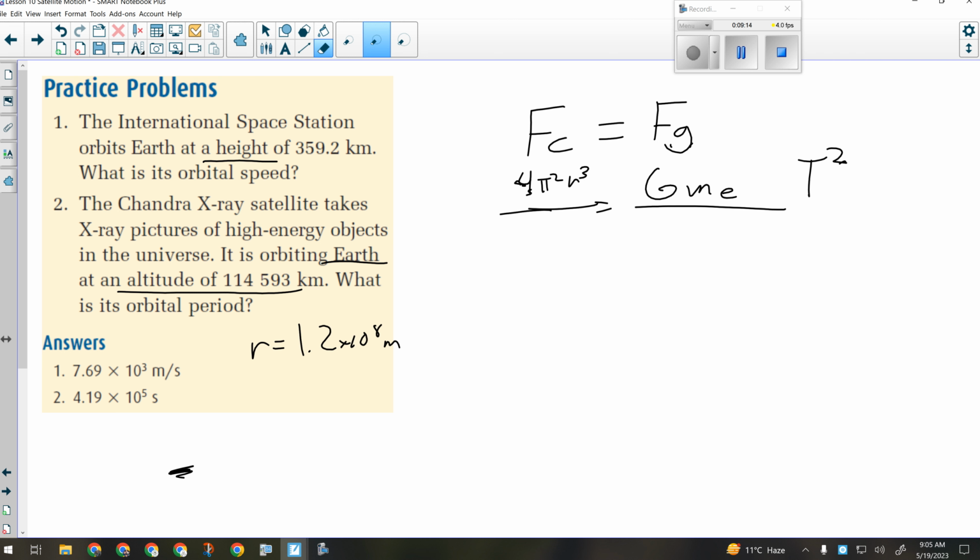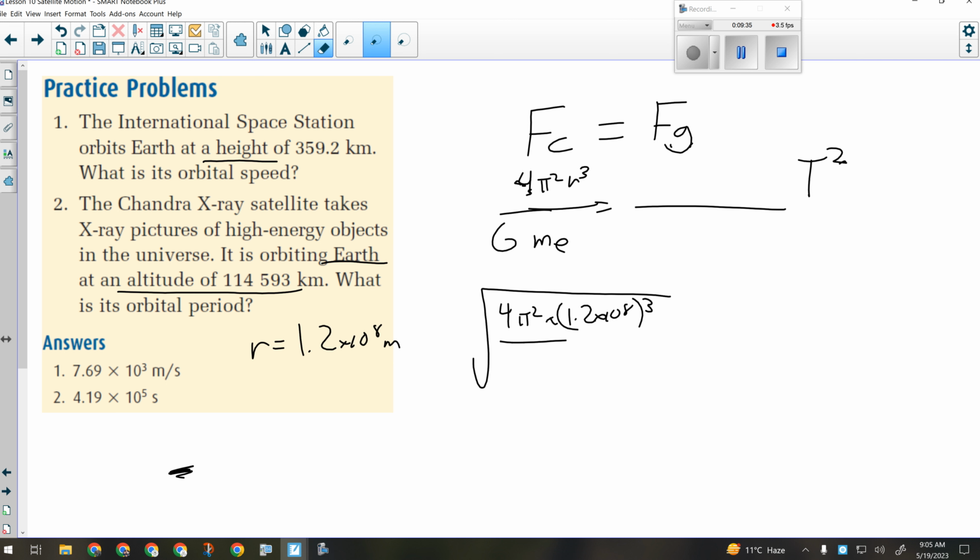Then I'm going to divide both sides by big G times the mass of the Earth, and that will leave me with t squared. I need just t, so I'm going to have the square root of 4 pi squared times 1.2 times 10 to the 8 with all the decimals in it, cubed, divided by big G times the mass of the Earth. Is this likely to be a large number?